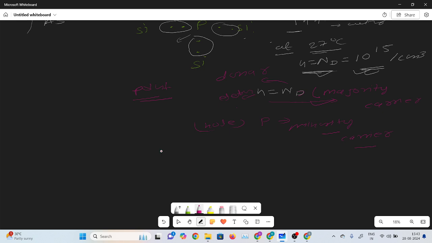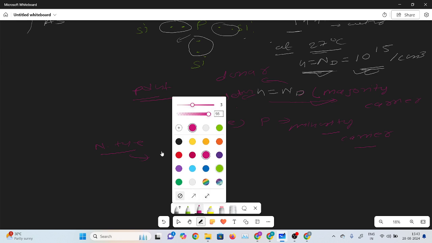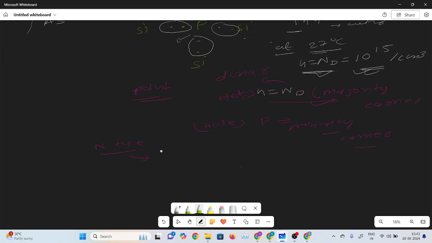One more thing I am telling: this is the representation of the n-type semiconductor, which we will use in construction. Because of that, it will donate one electron to the lattice.